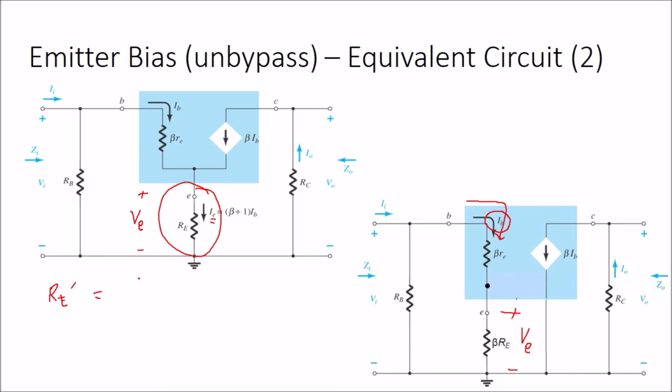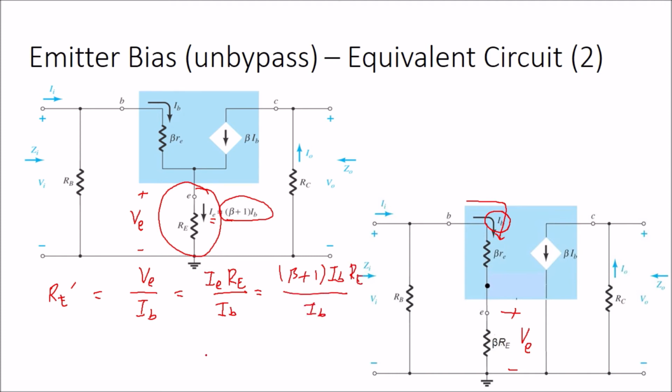So RE prime is equal to VE over the corresponding current, which is IB, so we divide by IB. The VE is equal to the current here, IE, times RE, over IB. Then just substitute or represent the IE in terms of IB. So this is the representation: beta plus 1 IB times RE over IB.